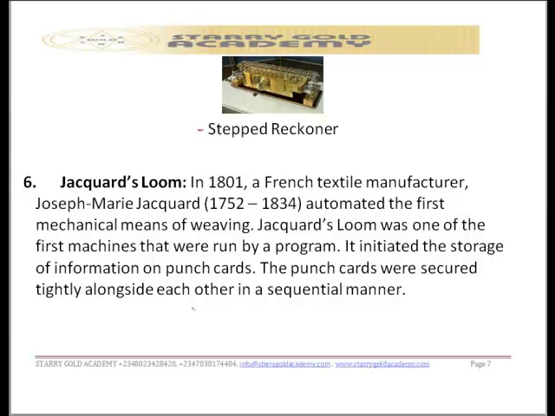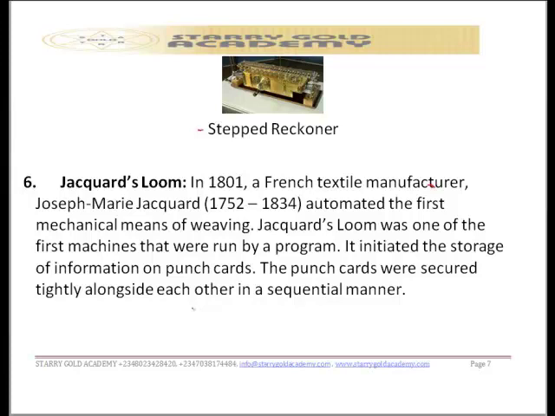That is that. Now the next one we shall consider is called Jacquard's loom. Jacquard's loom was created in 1801. A French textile manufacturer who lived between 1752 to 1834 automated the first mechanical means of weaving.